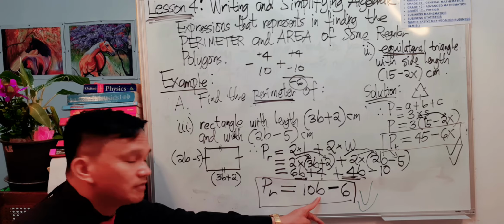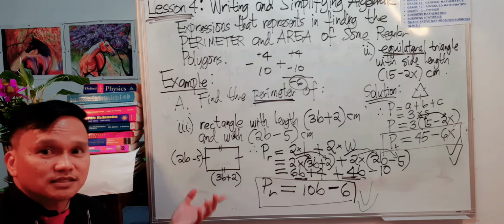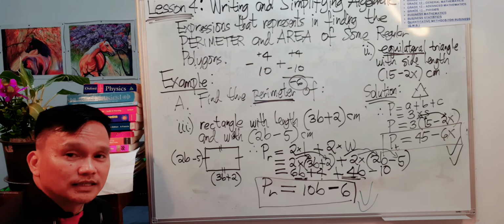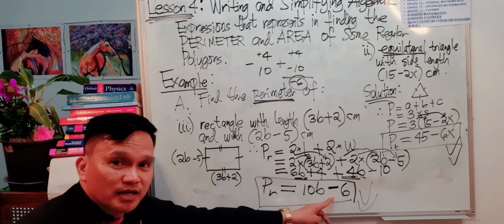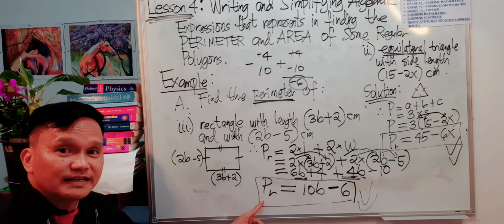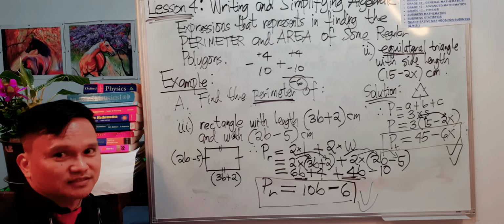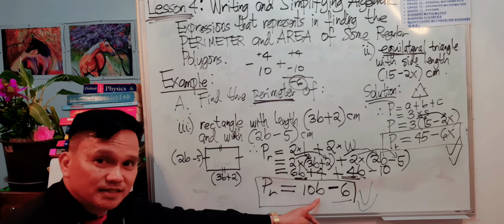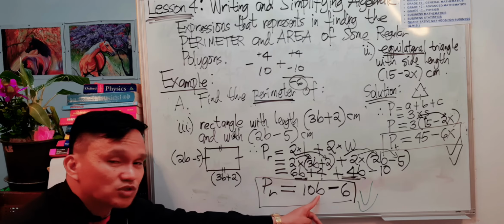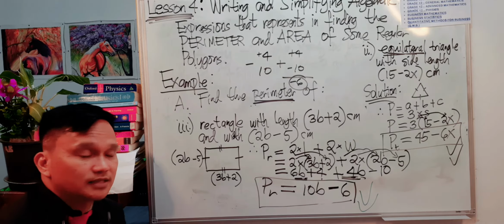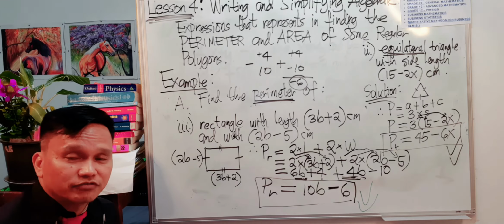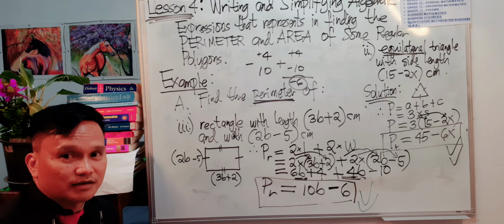That is in our topic on evaluating algebraic expressions. This is an algebraic expression for finding the perimeter of the rectangle. So if the value of b is given, we just substitute the value of b, perform the operation, and then we get the value of the perimeter of the rectangle.